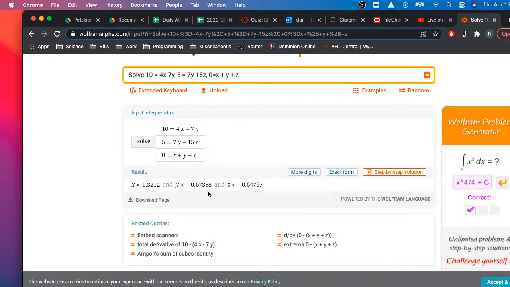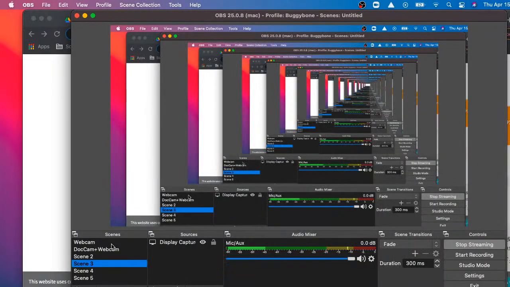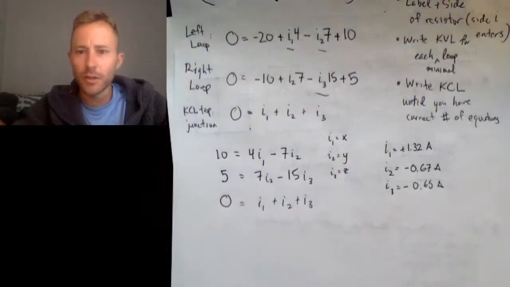I2 is negative 0.67 amps, and I3 is negative 0.65 amps. So I wrote that down.